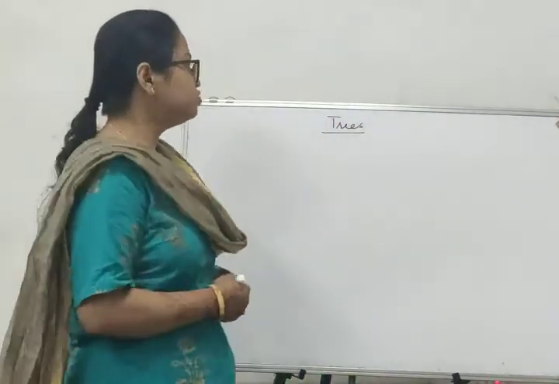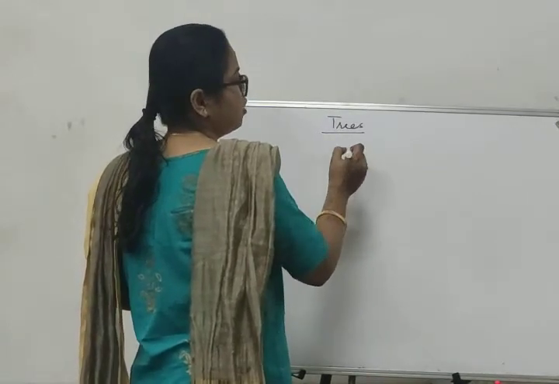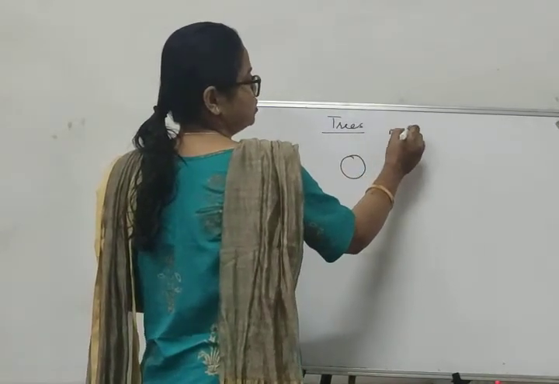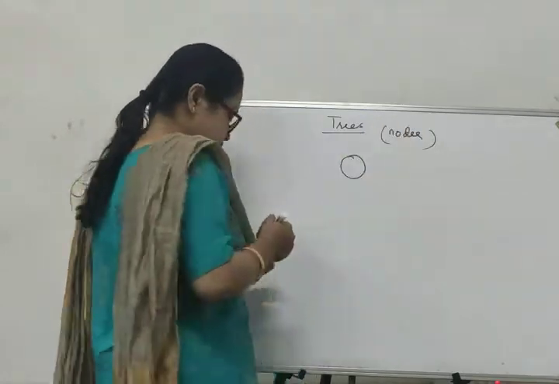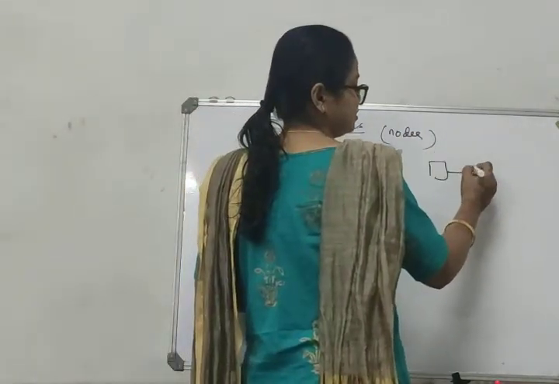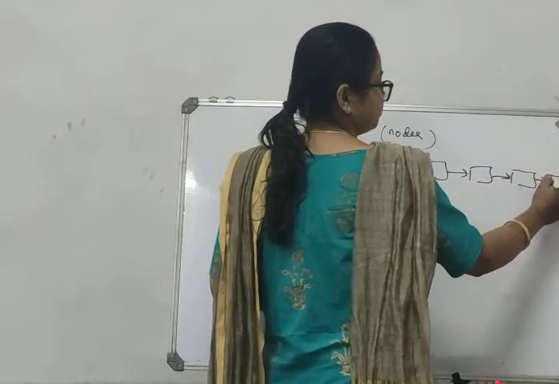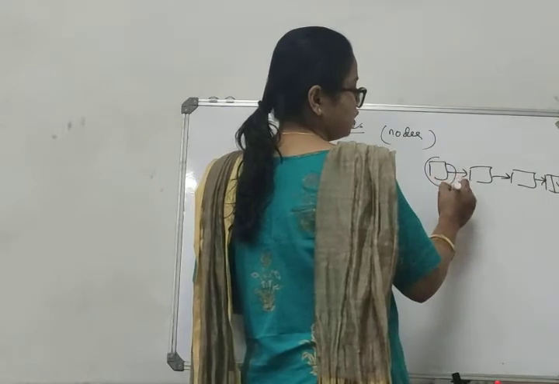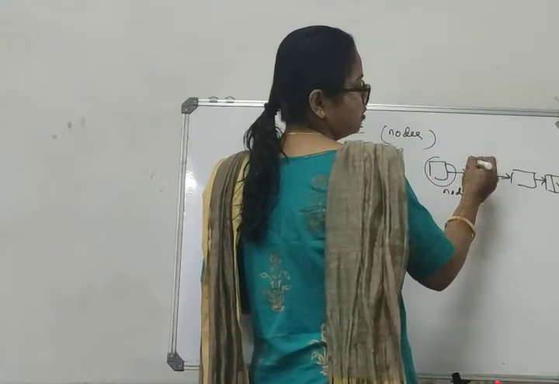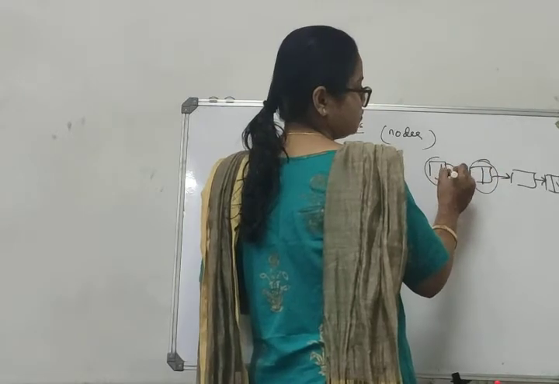We can say a tree is a type of data structure which also consists of nodes, like a linked list. Pictorially, a linked list looks like this, where this represents one node, and all nodes are connected through the next value.